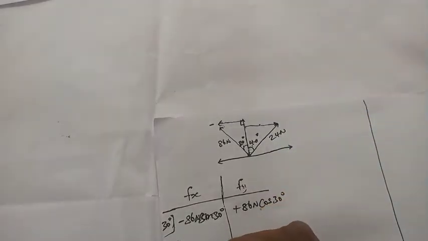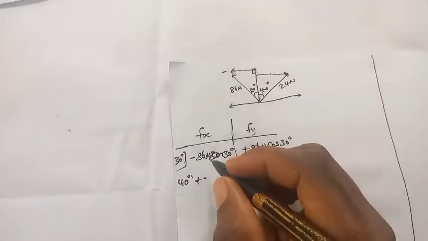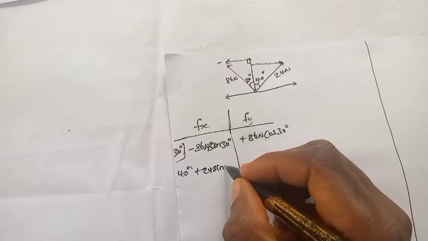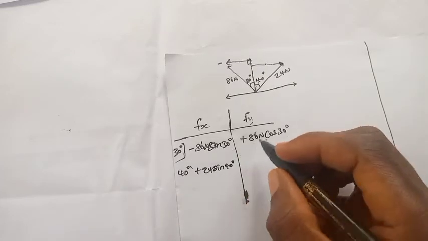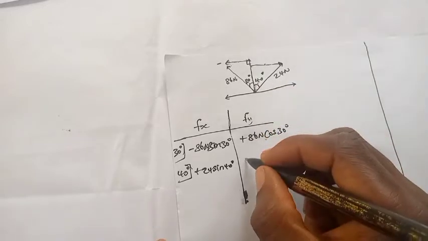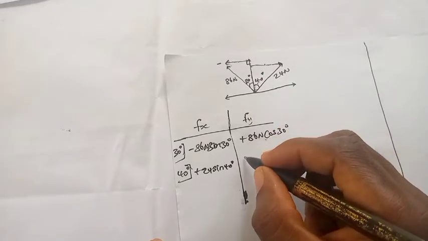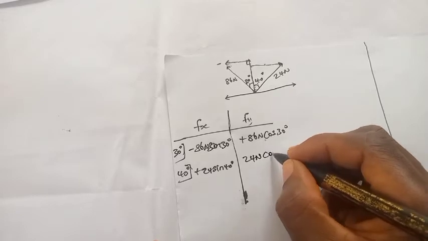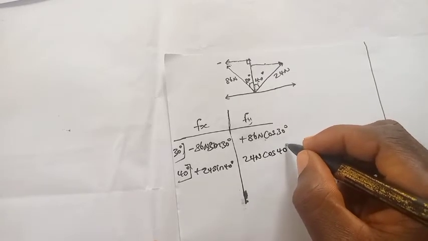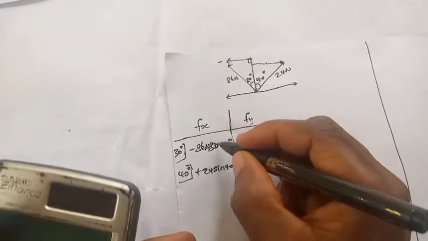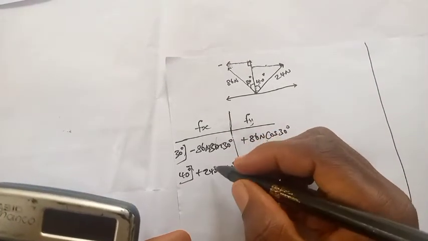So it's going to be plus 24 Newton sine 40 degrees, while the vertical component is going to take the cosine of the angle, which is 24 Newton cosine 40 degrees.